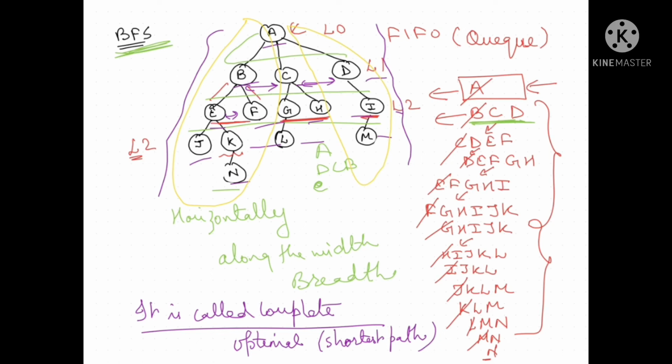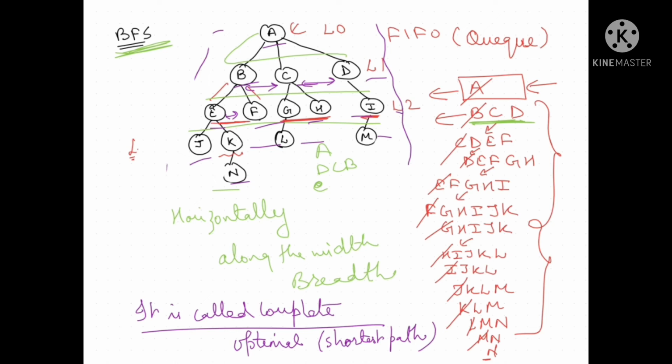That means it travels along the line vertically. In this process, sometimes some things are left behind, I mean, some nodes are not covered. We'll discuss that soon. You don't have to worry about it.